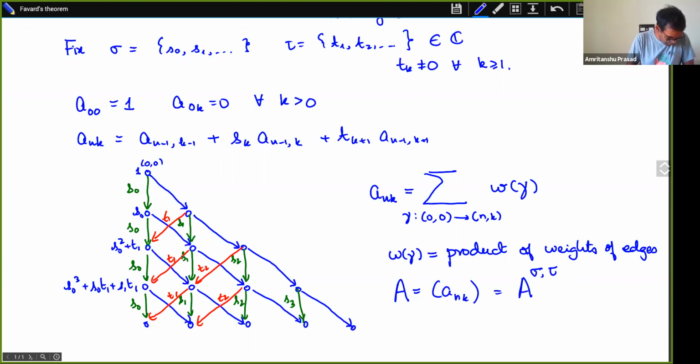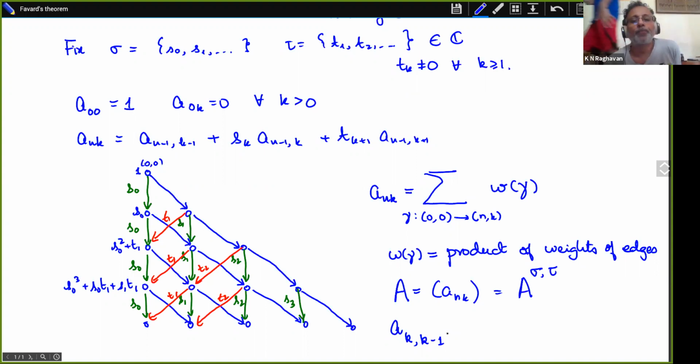Okay, and let me just point out one interesting special case. What is A_{K,K-1}? So firstly, what is A_{K,K}? A_{K,K} is 1, because you just told it. But what is A_{K,K-1}?